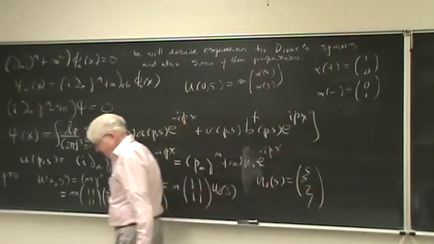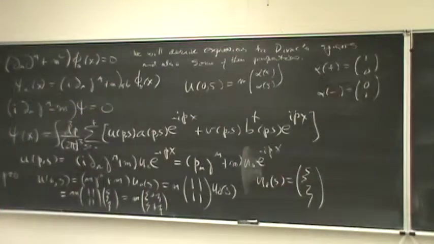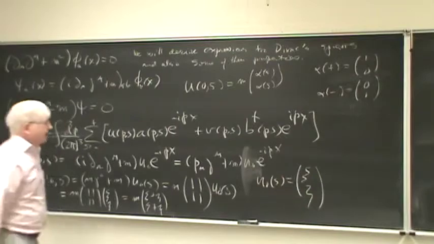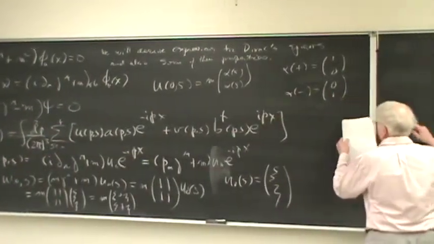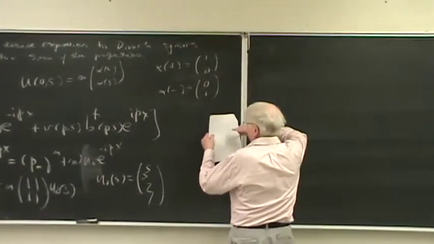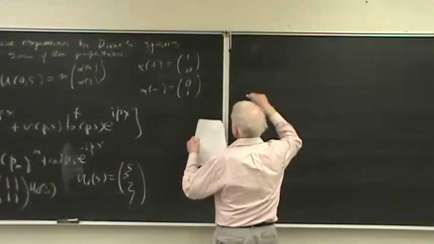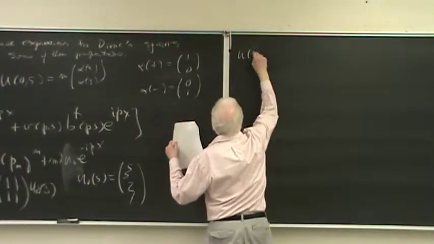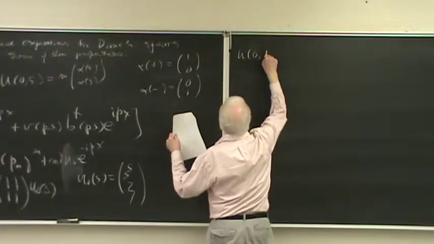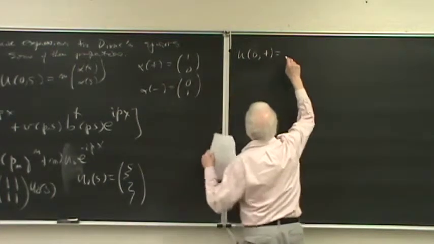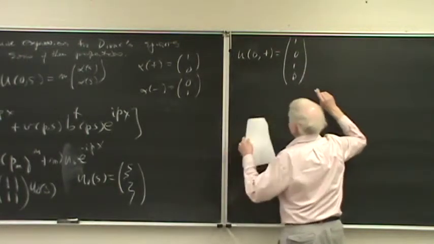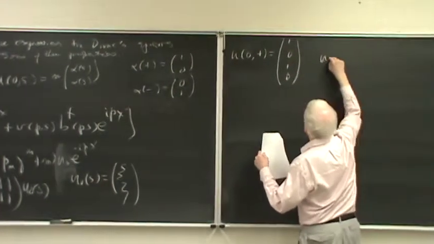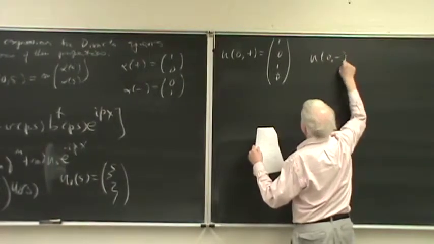And with that choice, then we have formulas for u(0,plus) and u(0,minus). And I'm going to start out using a simpler normalization than the one Schwartz uses. I'm just going to do this, which actually is very similar to what Weinberg does.